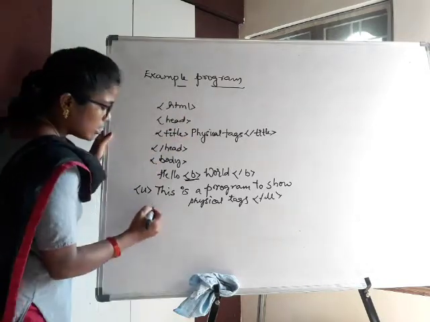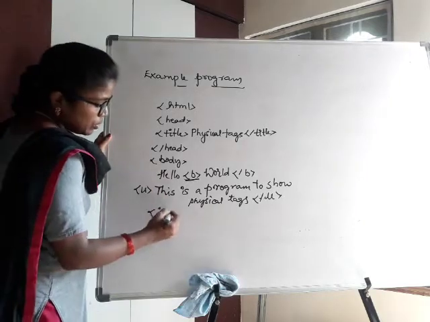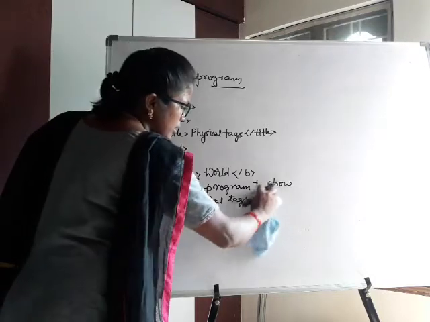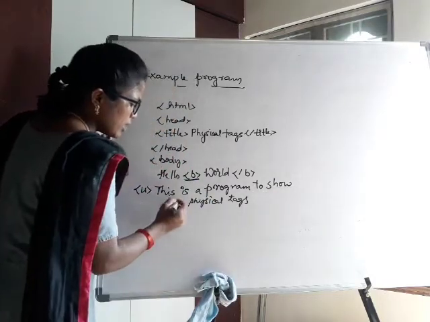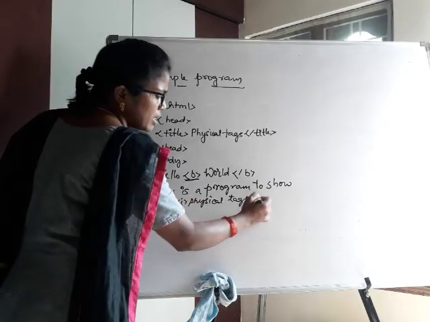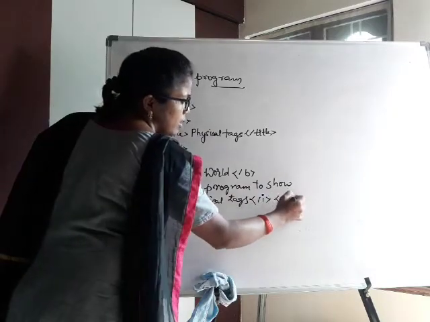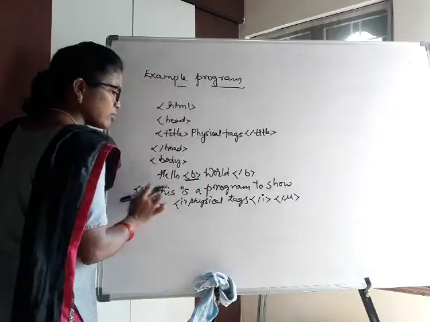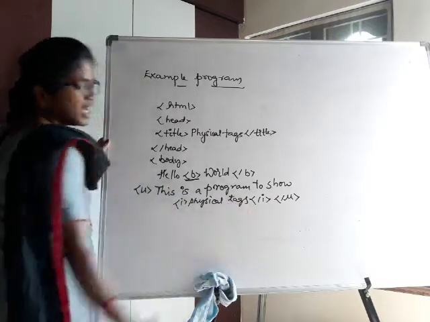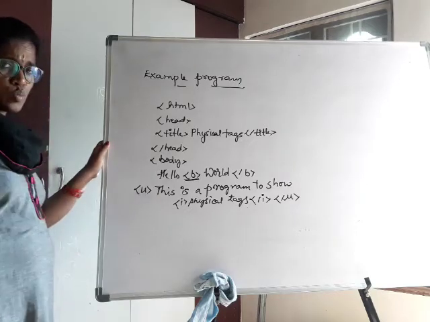Next, italic. Inside this I can make it italic. So as the inner one I have made it italic. So close the italic, then close the underline. So my underline will come from here to here, whereas italic will come only for this part. So bold, underline, italic is finished.